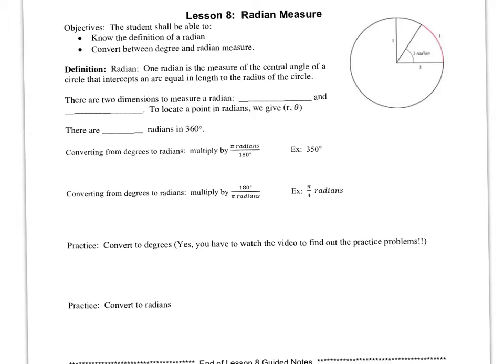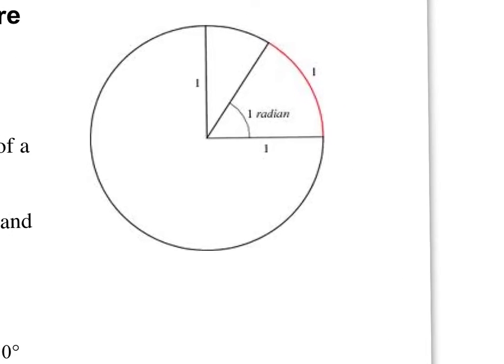Now, remember our unit circle. Our unit circle was based on a circle that had a radius of 1. Now suppose we still have that radius of 1, okay? And suppose we stretch that radius, try to measure how long that radius of 1 is bent around that circle.